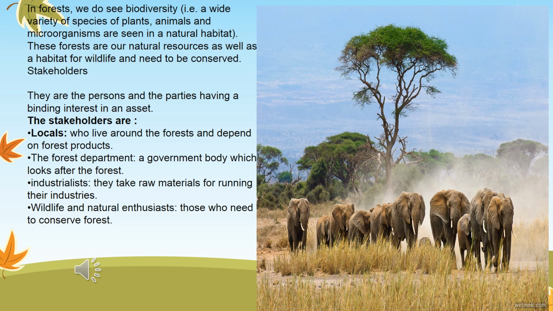So they take interest in safeguarding the forest for the raw materials. Then there are nature enthusiasts. They are basically interested in conserving the forest, and hence they also come under the stakeholders of the forest.